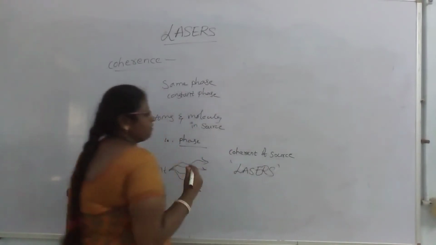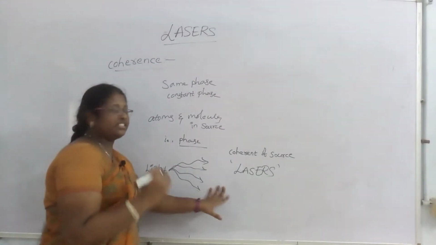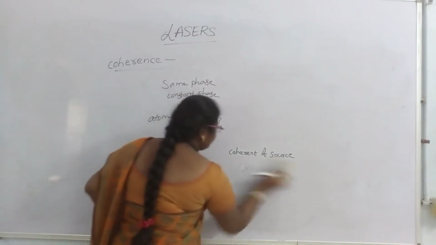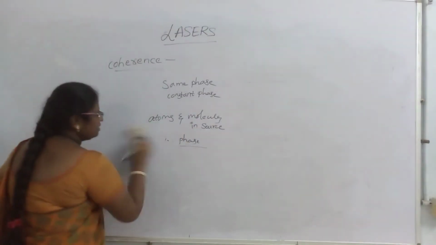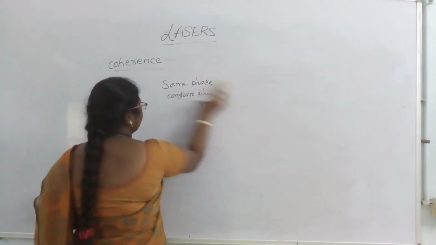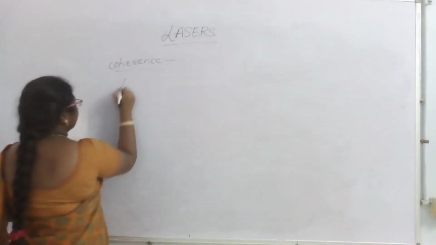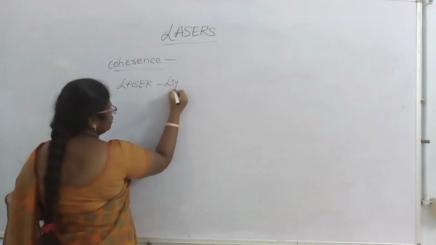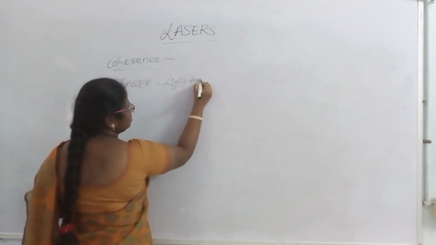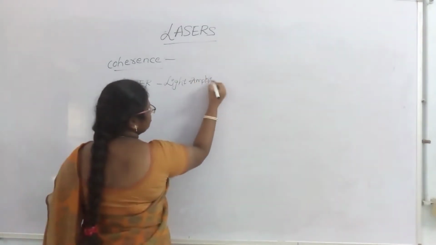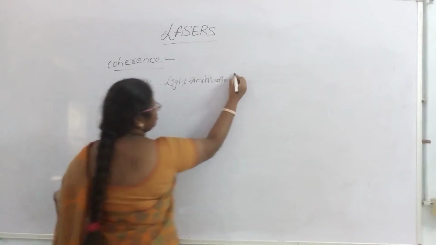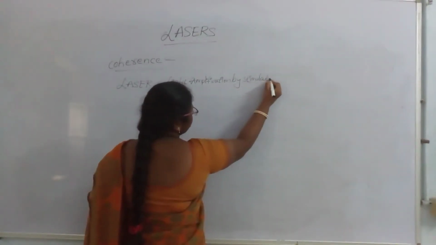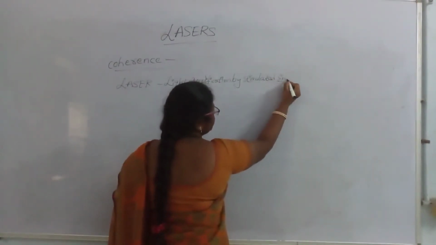So first we know about the laser. First we discuss coherence, and then what is the laser? Full form of laser: laser means light amplification by stimulated emission of radiation.